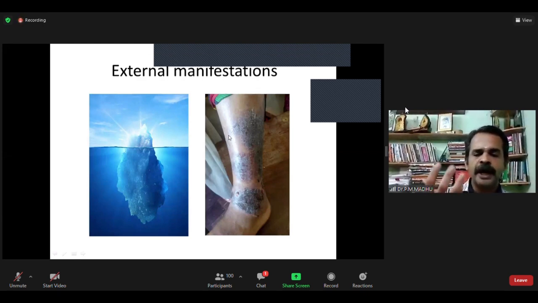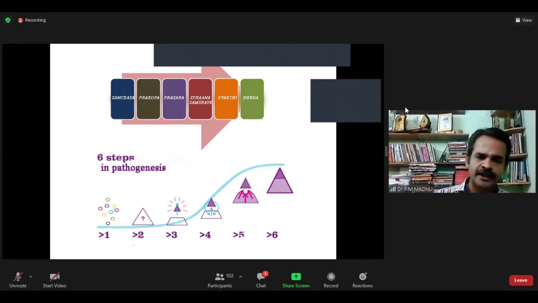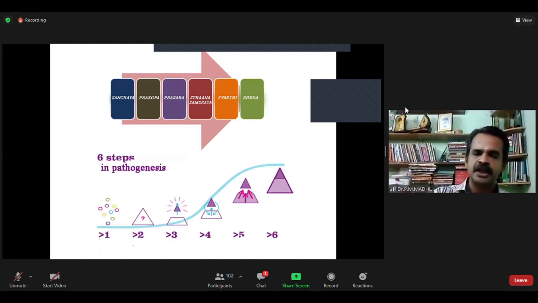We have to identify that internal pathology and reverse it in order to subside the external manifestation. For that, you have to go back to the basic principles of Ayurveda, that there are 6 steps in pathogenesis. As you know, from the Sanchaya stage that leads to Prakopa and Prasara, Sthana Samshraya is there, Vyakti and Bheda are there.